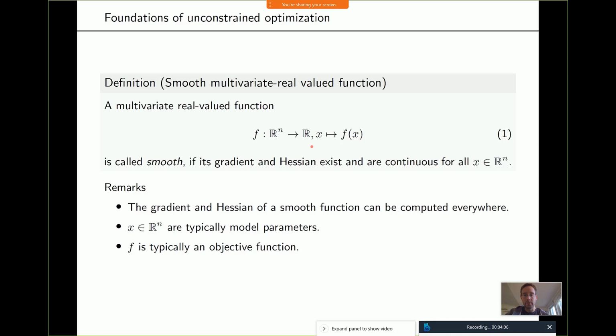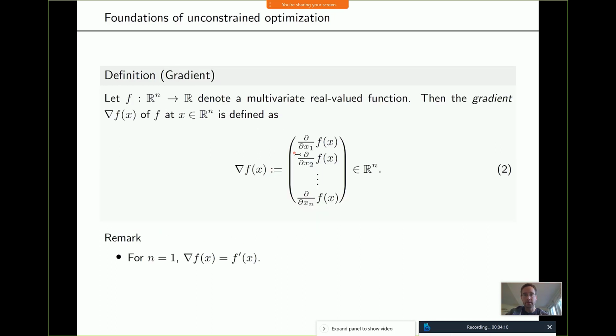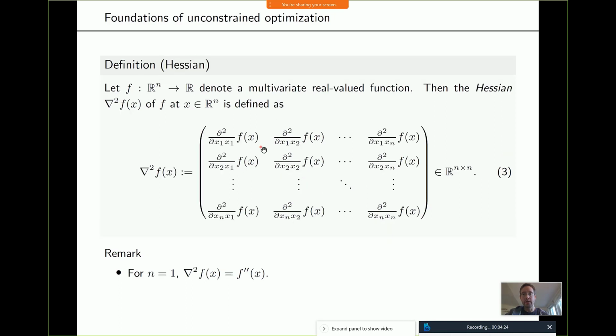And we also discussed certain other features that you can compute on multivariate real-valued functions, such as the gradient, so the column vector of the first partial derivatives, and the Hessian matrix, so the square matrix of the second order partial derivatives.